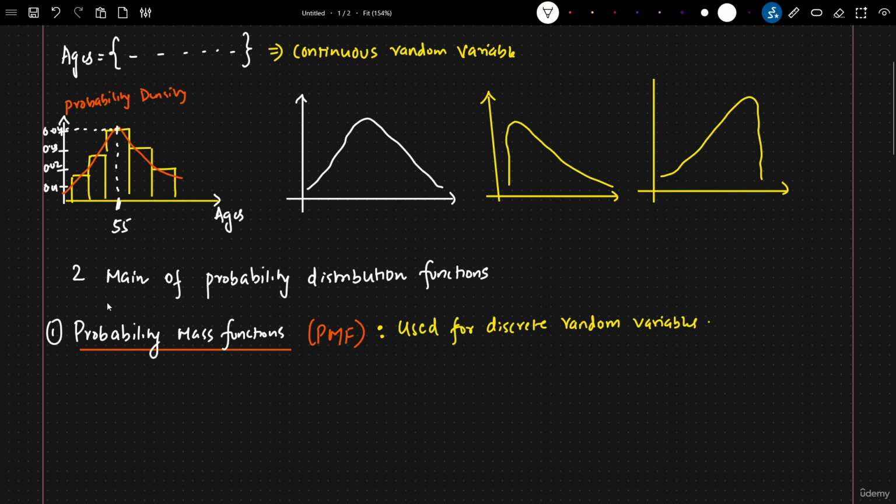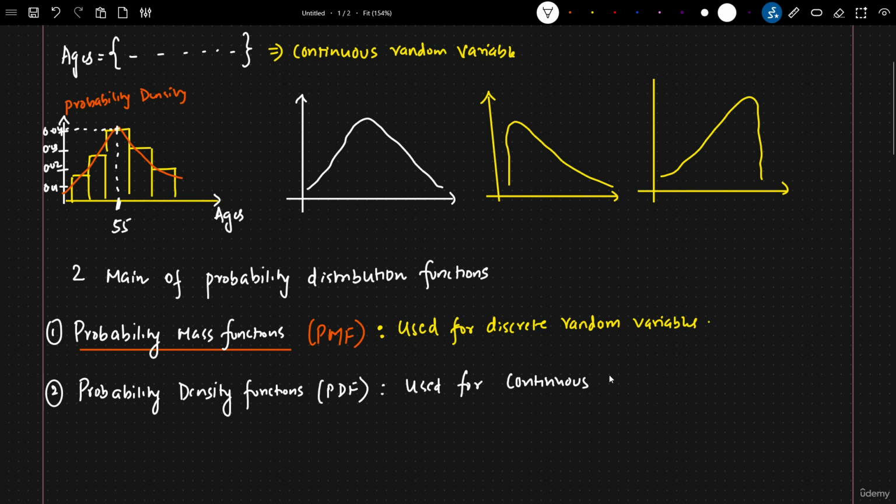The second type that we specifically use is called probability density function. And this is also represented as PDF. And this PDF is basically used for a continuous random variable. So if you have a continuous random variable, in order to show the distribution, you will specifically be using probability density function.